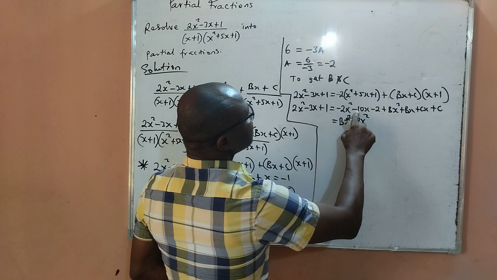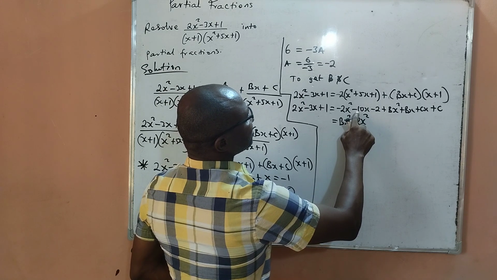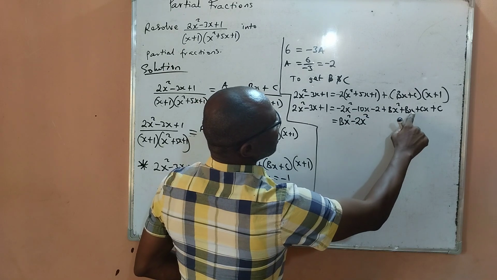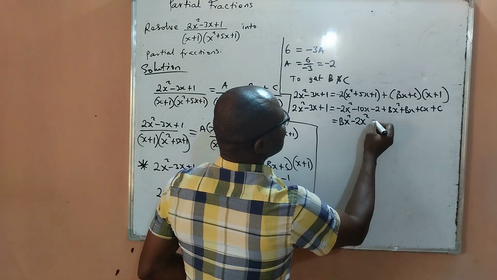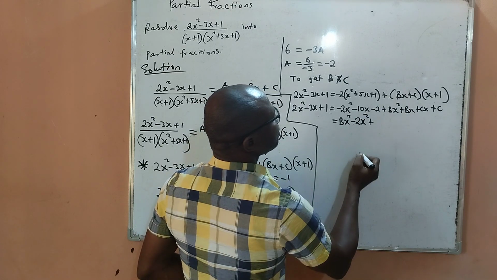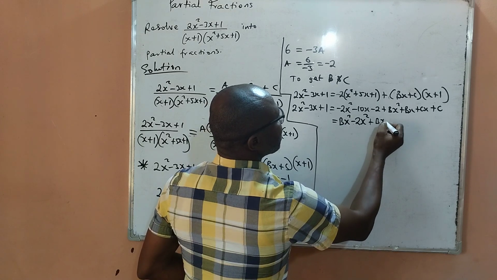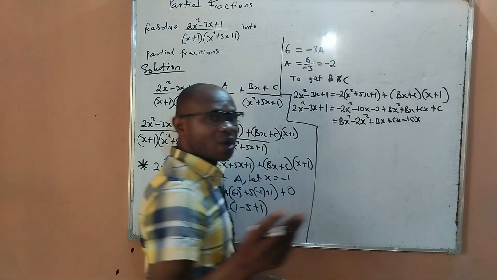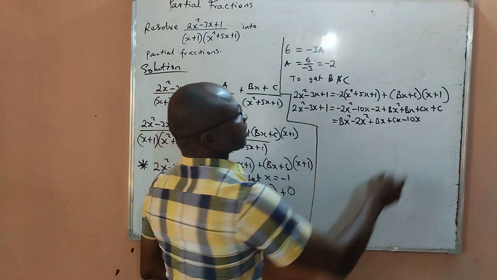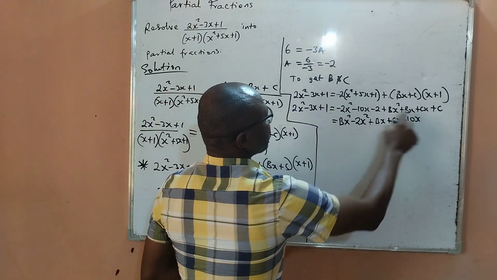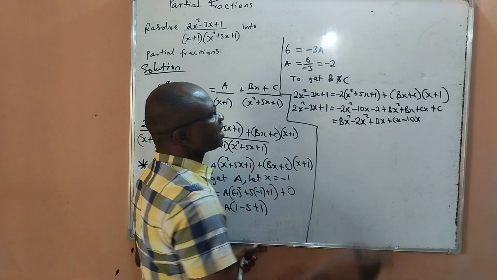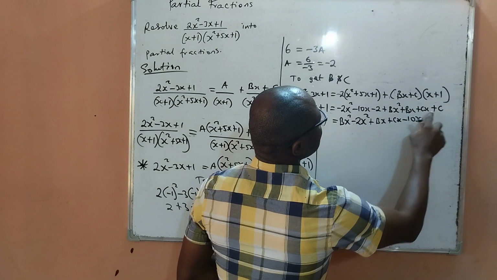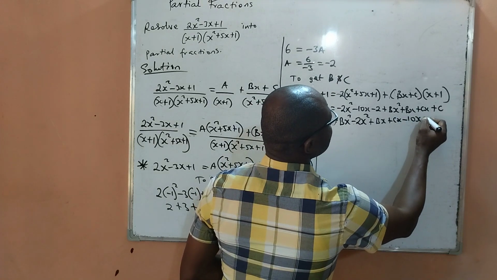Then next I go for those that have x alone. So here I have minus 10x, here I have bx, here I have cx. So I can write it as plus bx plus cx minus 10x. So those with x, I have also brought them together: cx, bx, and minus 10x. Next, those that are independent of x, that don't have x. So I have it here, which is c.